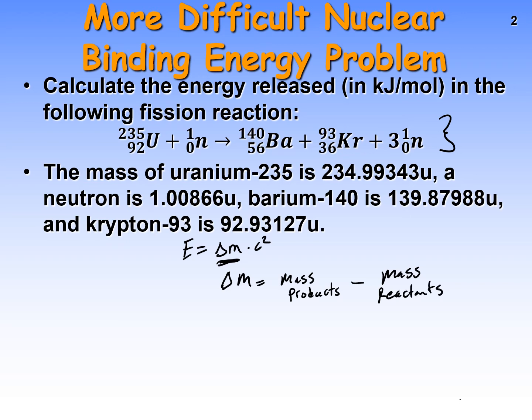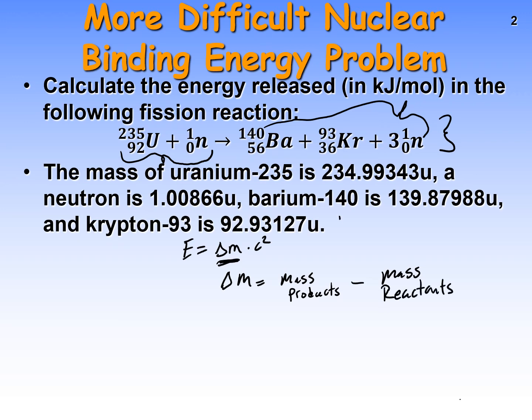So we need to sum up all the product masses and all the reactant masses. And once we have those, we can plug into our delta M, solve, use our E is equal to delta M c squared, and solve for E. All right, so I'll leave that there.